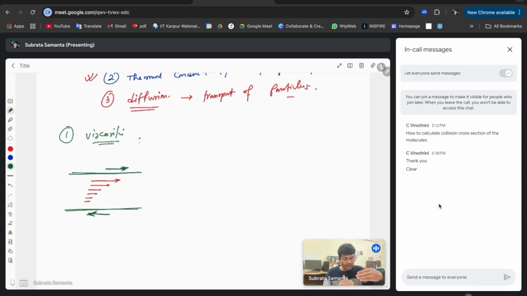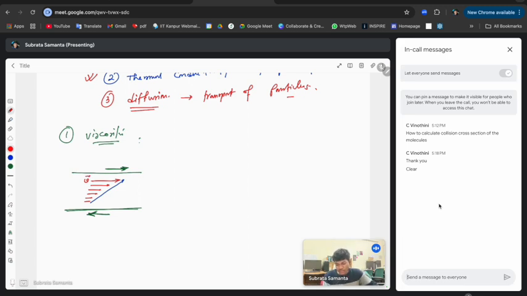Because the two ends are moving in opposite directions, that's why they create a velocity gradient in the fluid. These are the velocities, and this is the velocity gradient.